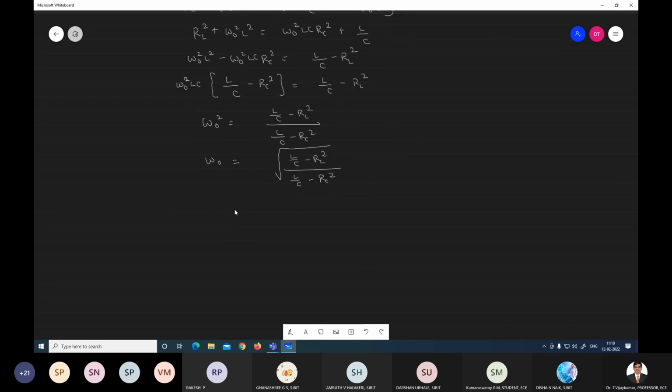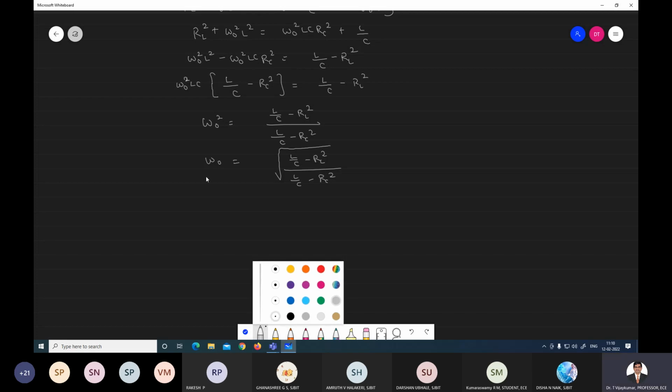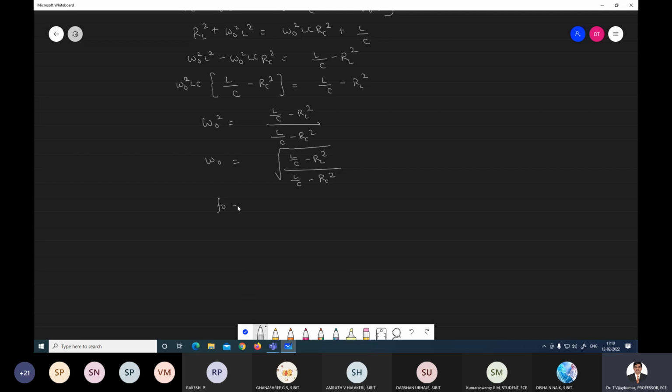Next, what is F naught now? Because omega naught is nothing but 2 pi F naught, F naught is equal to 1 by 2 pi square root of, this I will interchange, RL square minus L by C divided by Rc square minus L by C. So this is the derivation.